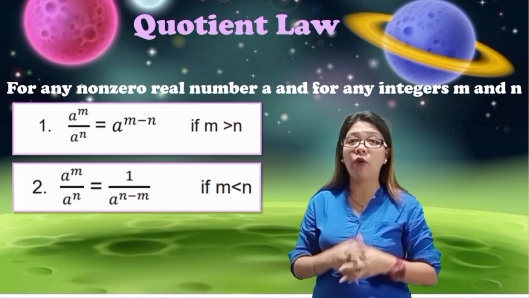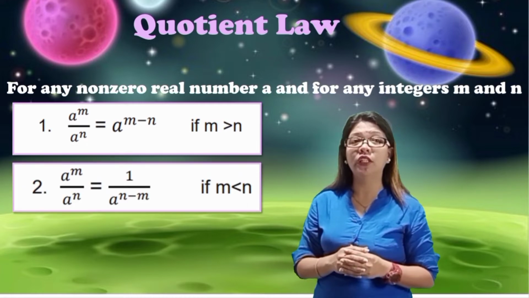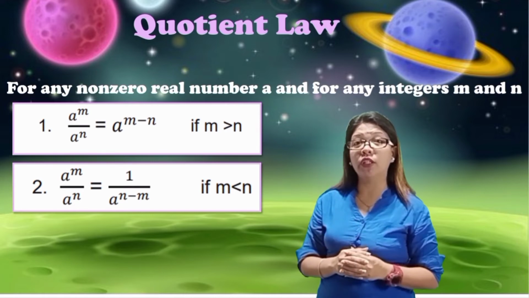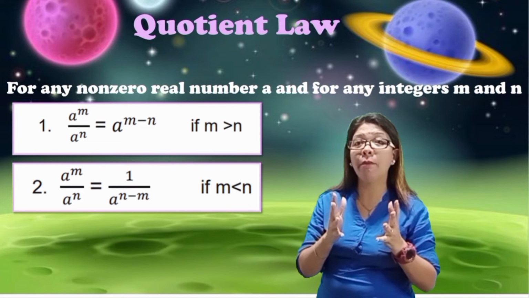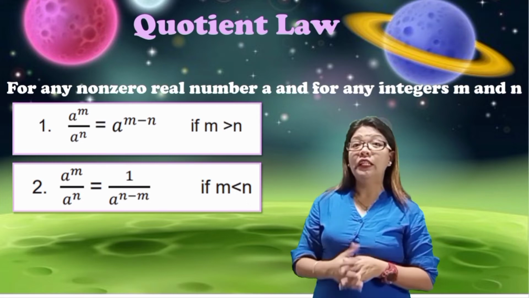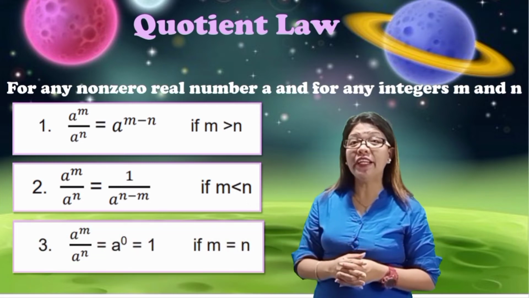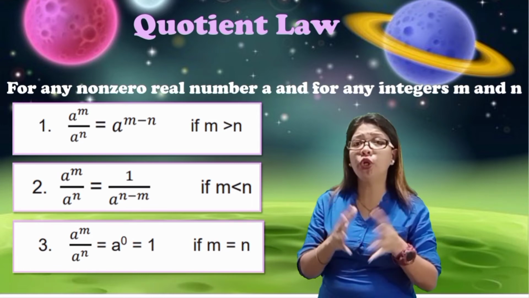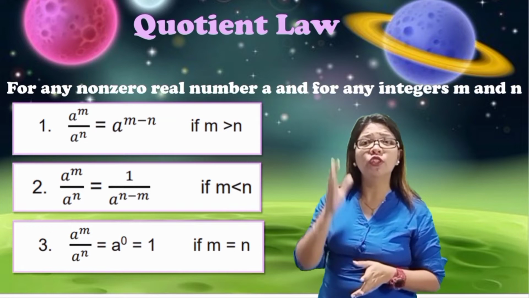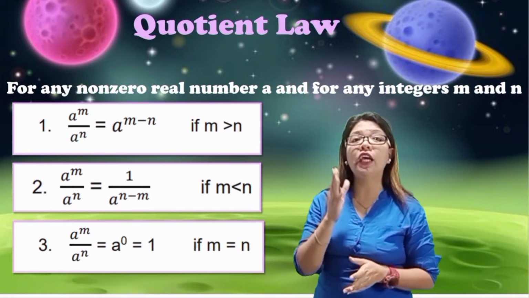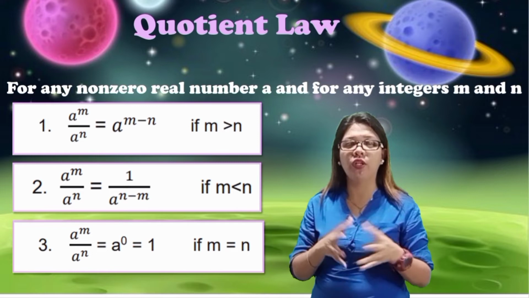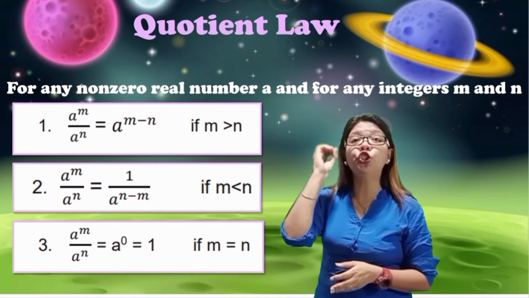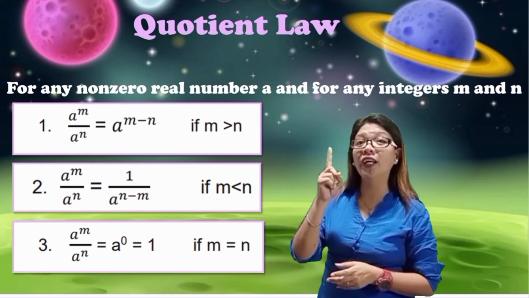A to the m power over a to the n power is also equivalent to 1 over a to the n power minus m, if m is less than n. Number 3. A raised to the m power over a to the n power is also equivalent to a raised to the 0 power, if m and n are equal. Take note, any number or any symbol raised to 0 is equal to 1.